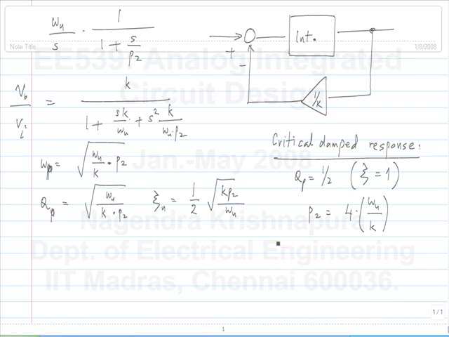And what is the condition for no peaking in the frequency response? What is the condition on the damping factor or the quality factor? Yeah, the quality factor is 1 over root 2, which equivalently means the damping factor is also 1 over square root of 2.